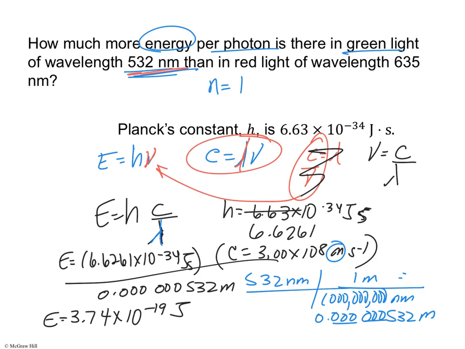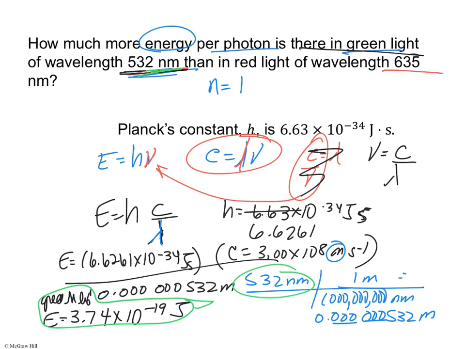And so if you have a red light or a green light, that's green light. Let's make this green. So this is the green light, that's 532, and then the red light is 635. So we just do this equation here, and we're going to divide by 0.000000635 meters.